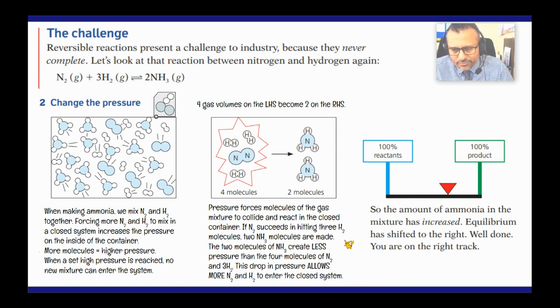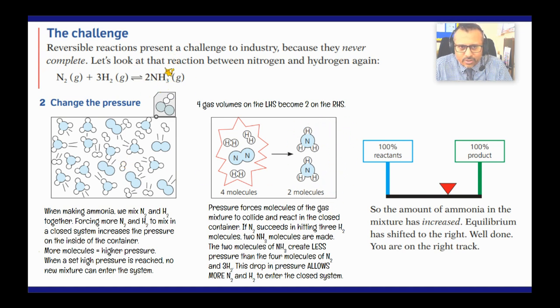And what we actually find in reality is that we also incorporate a way to condense this ammonia down. So we condense it and remove it completely from this closed system, and we compress it and cool it down and take it away and remove it in tanks in the industry. So you're removing all of this product.